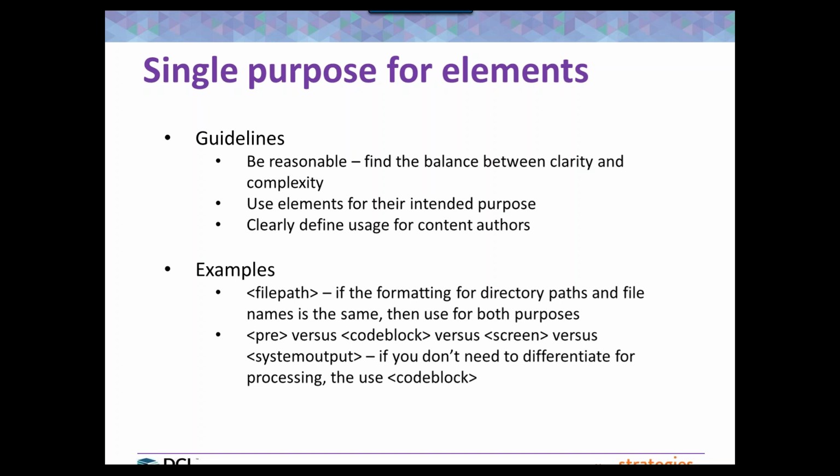And we talked a little bit about those others. So the examples, for instance, use file path. If the formatting of directory paths and file names is the same, then that's one that you can use for both purposes. There are some folks that ask, well, do we need pre versus code block versus screen versus system output? Well, what's the worst that happens if you do use code block?